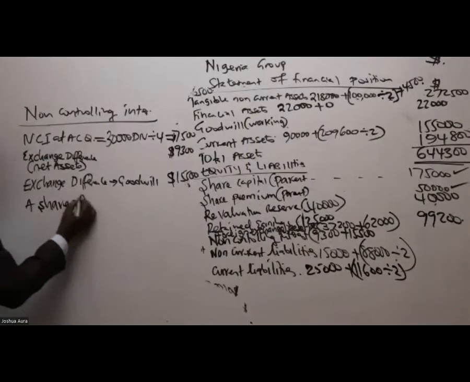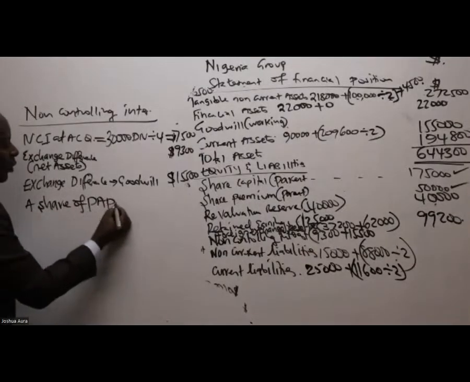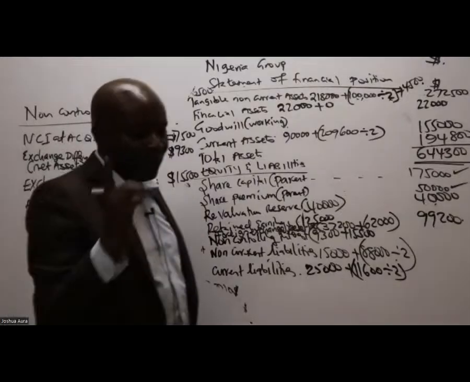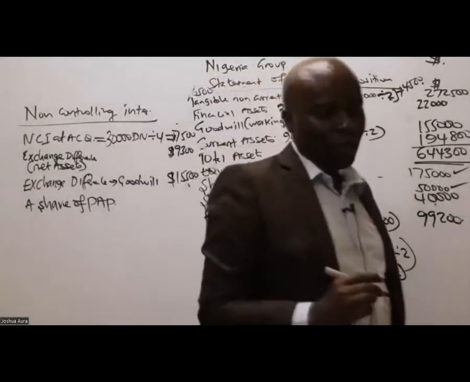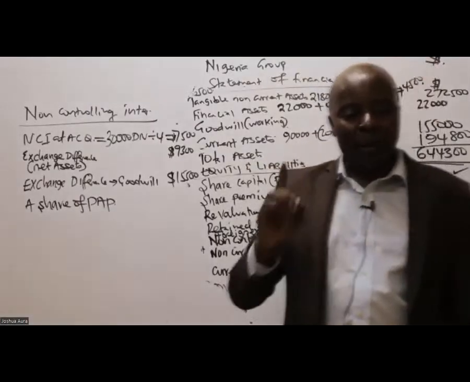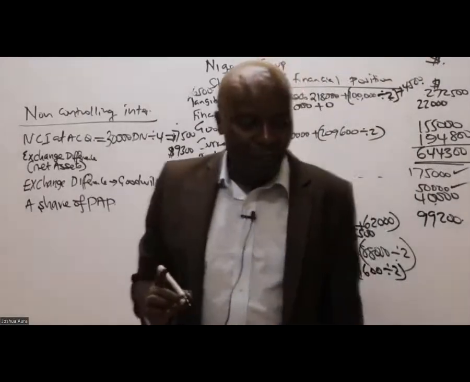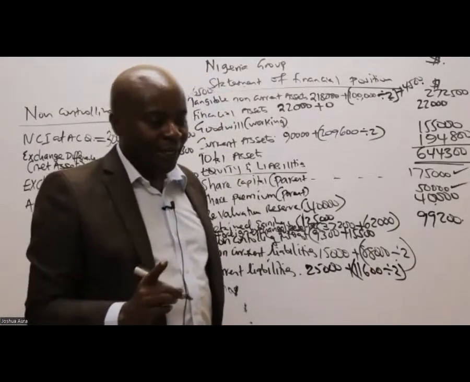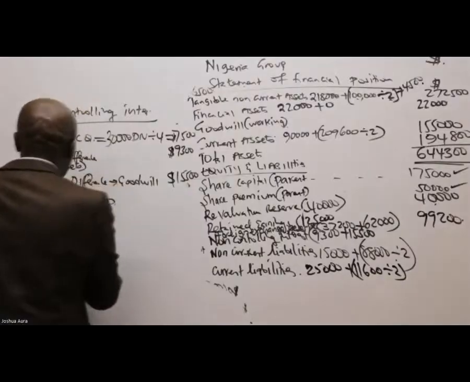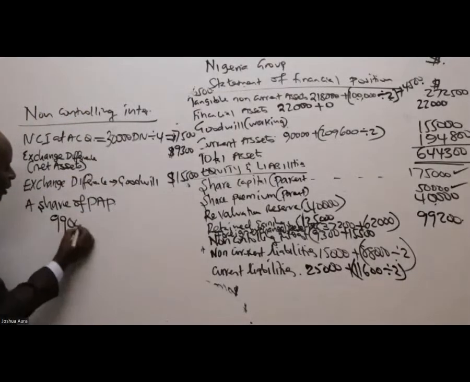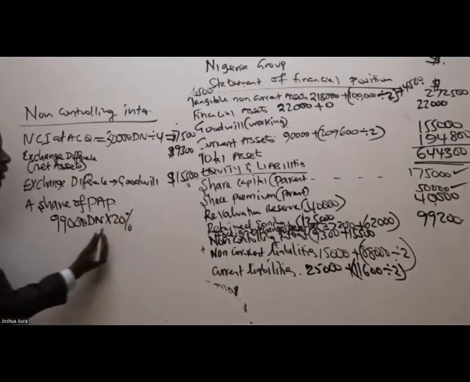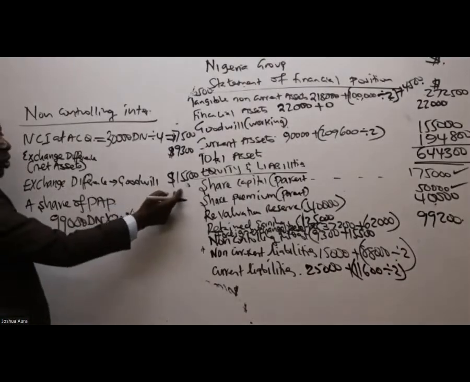Is there anybody who is able to remember our PARP figure? It was in DNs. Our PARP figure was 99,000 DNs. So of these 99,000 DNs, we are only giving them their share. But again, remember, this has to be retranslated to get into dollars.